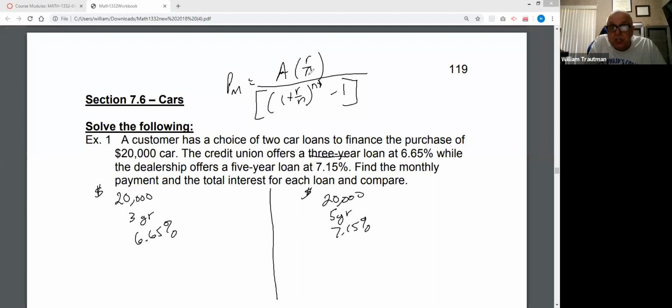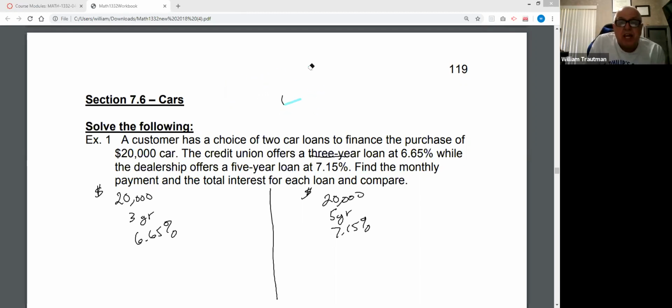Good luck trying to type all this in. By the way, that's the wrong formula. Don't write that down. That's where A is the annuity. Annuity is the final amount. The actual formula is right here.